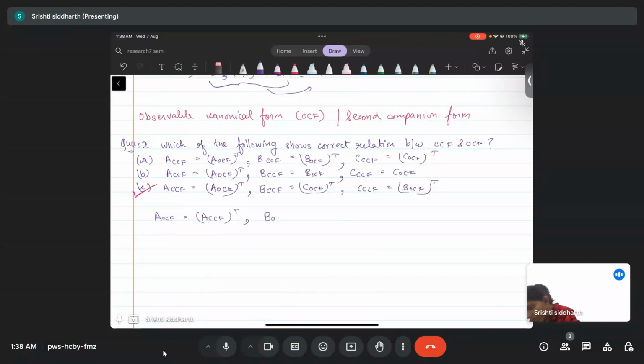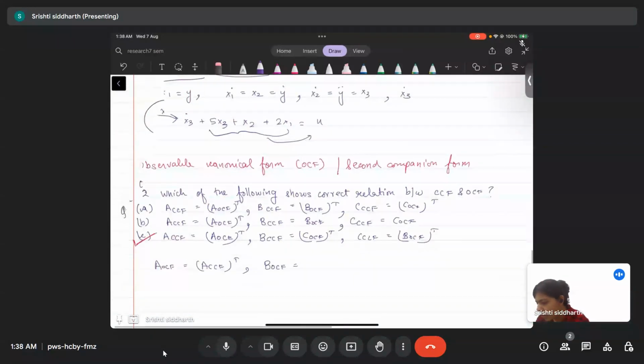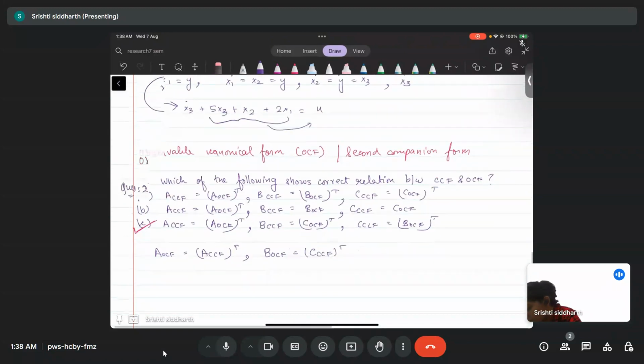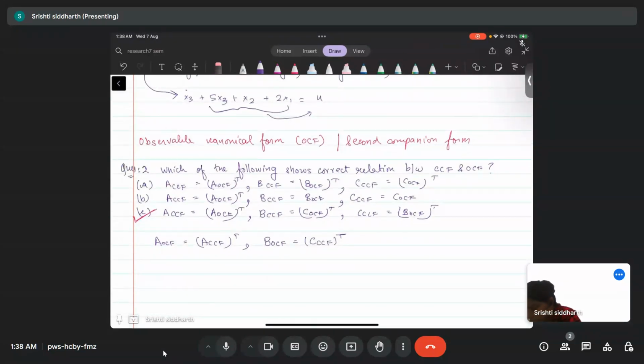Then BOCF is going to be a column vector, and it's going to be the transpose of the CCF form of the C vector, and then COCF would be BCCF transpose.